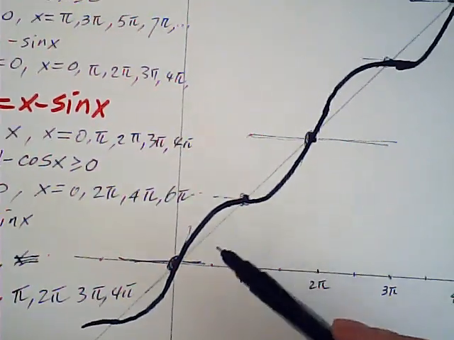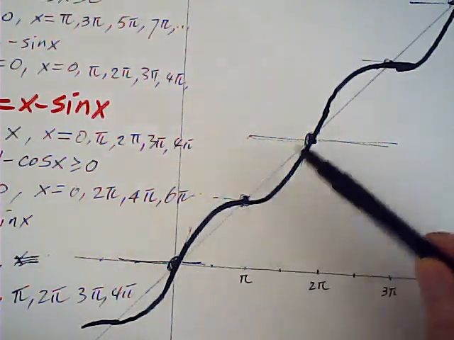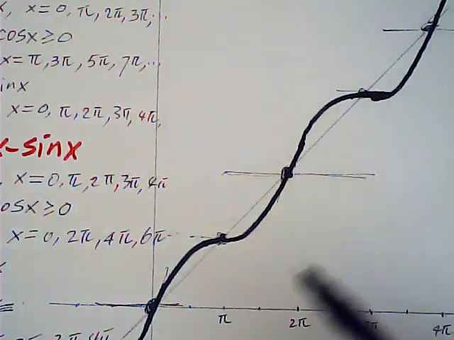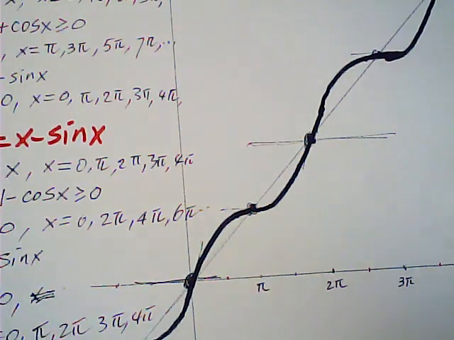Right? So at this point, pi, 2 pi, 3 pi, these points, they are points of inflection.